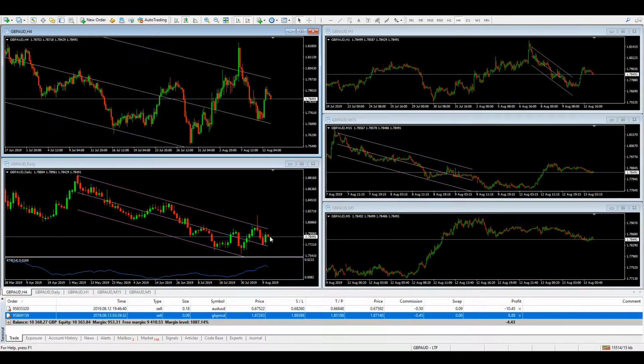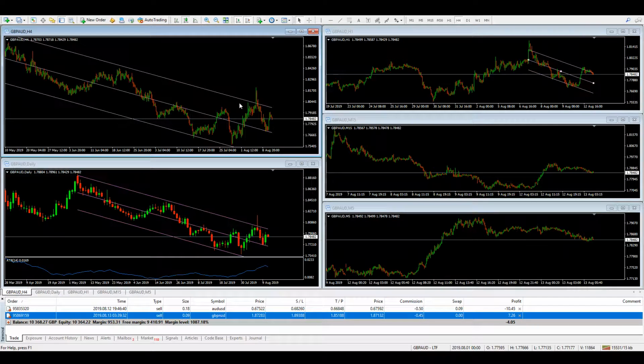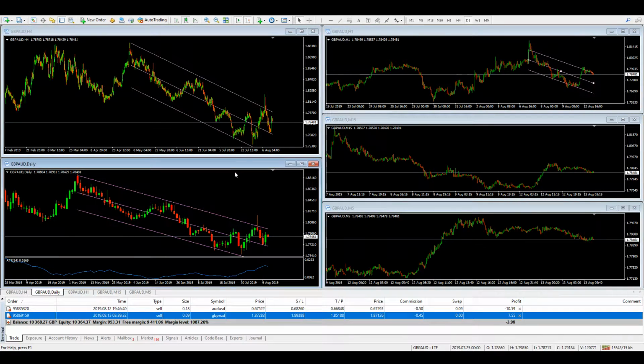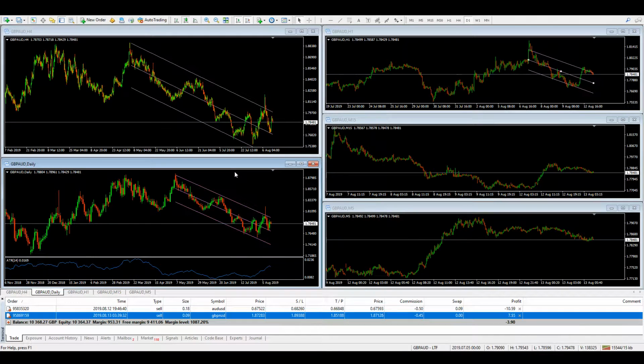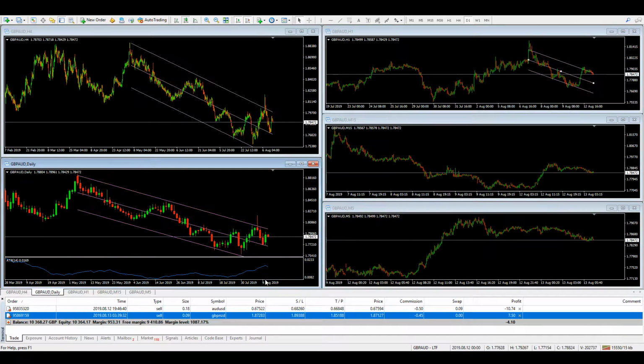So this one, GBP/AUD, is that tradable? Yeah, I mean, obviously this is the same trade really as the one I'm already in.